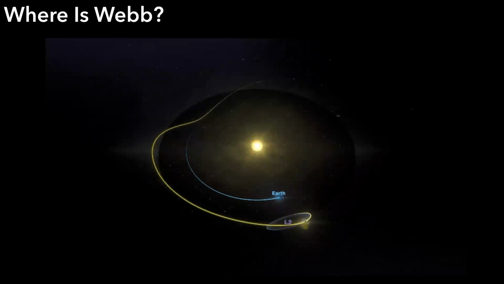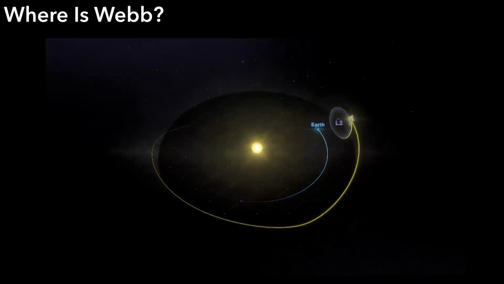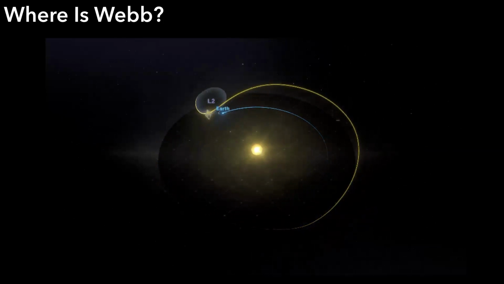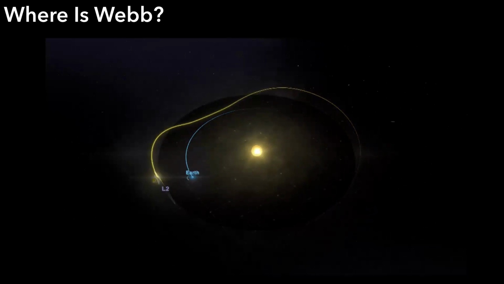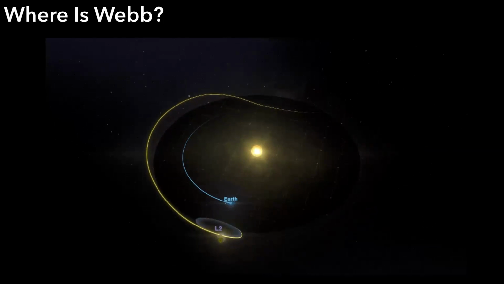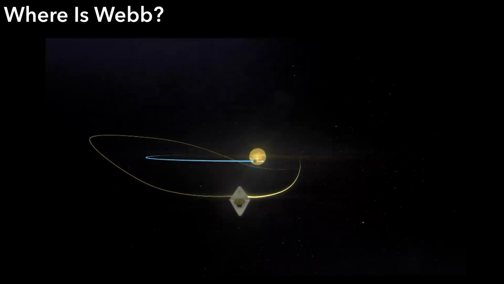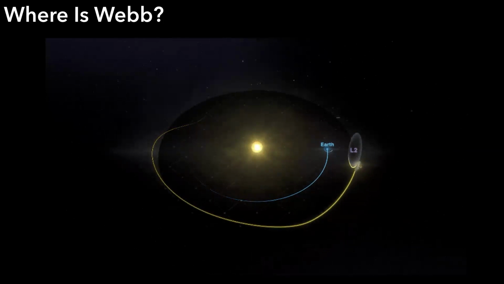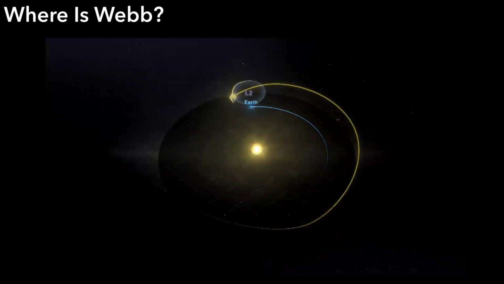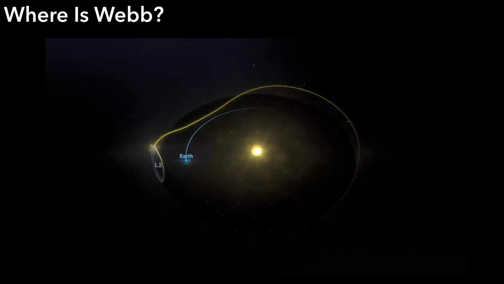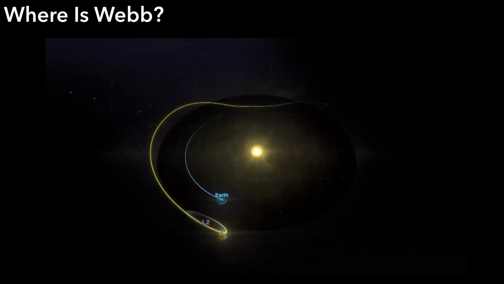Webb is living at this special point in space, the Lagrange point, L2, where the gravity of the sun, moon, and Earth cancel out. So it's very happy there. But more importantly, it is very safe here from the glow of the Earth and the sun and the moon. Webb is a very cold instrument. It needs to be cold to see in the infrared, so it needs to be out here in deep space.